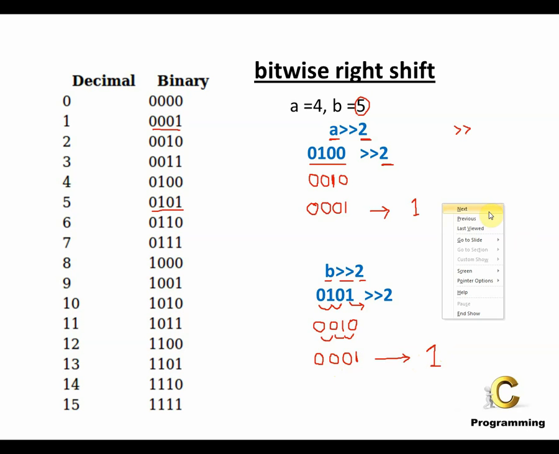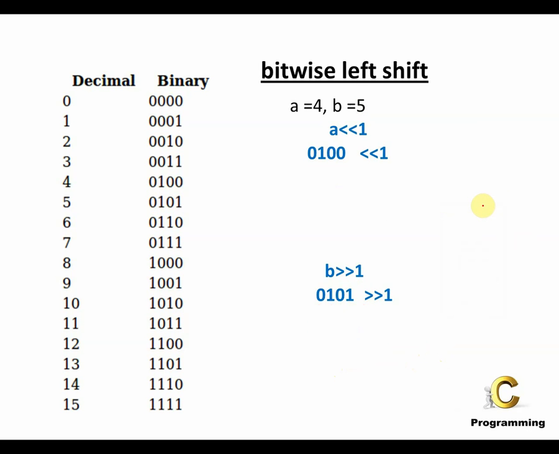Let's go to the next type, which is bitwise left shift. There is one example over here, a bitwise left shift operator. You have to shift this operand by 1 position. A is holding a value of 4, and 4 in binary is 0 1 0 0.